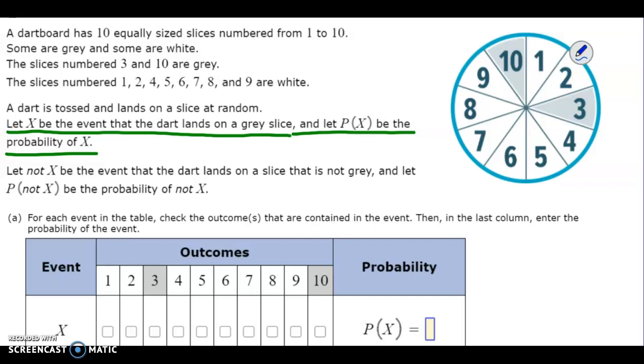Then you're going to see this term here of not X. So we're basically turning this into gray versus white, gray versus not gray. And in terms of the variables, X is representing gray, not X is representing not gray, which basically means white, right?